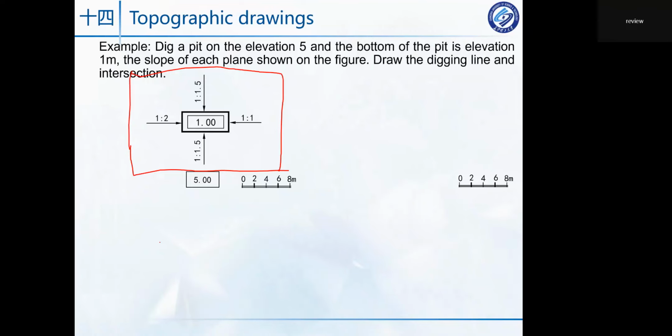It's very important for you to learn the procedure to draw the intersection line between the slope and the ground.